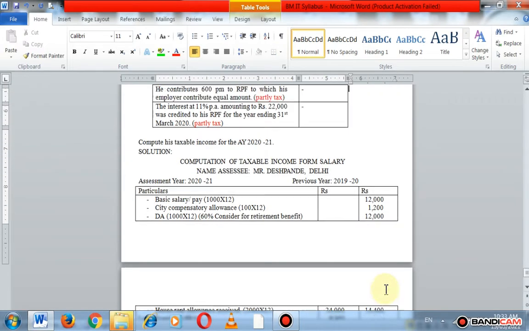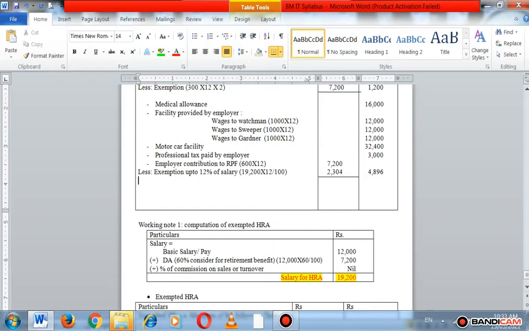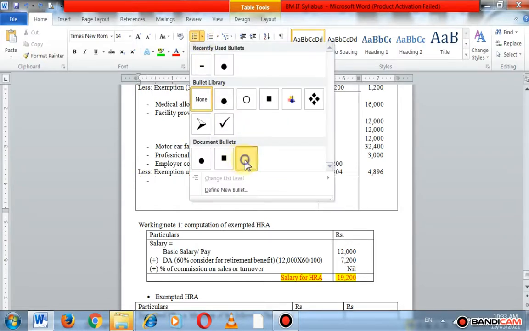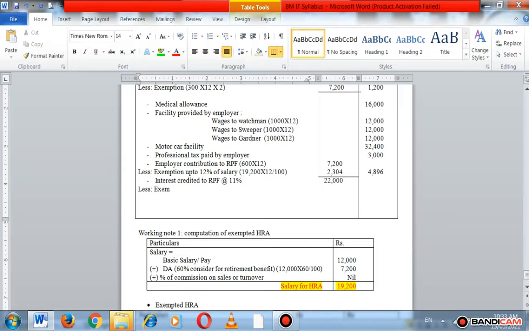So interest credited to RPF at the rate of 11% amounted to rupees 22,000, less exemption up to 9.5%, that is 22,000 multiplied by 9.5 divided by 11.